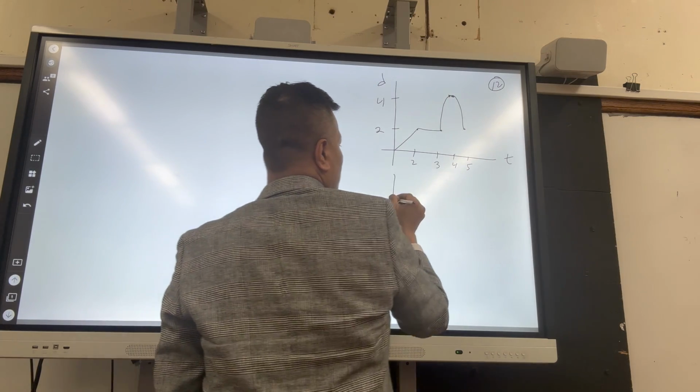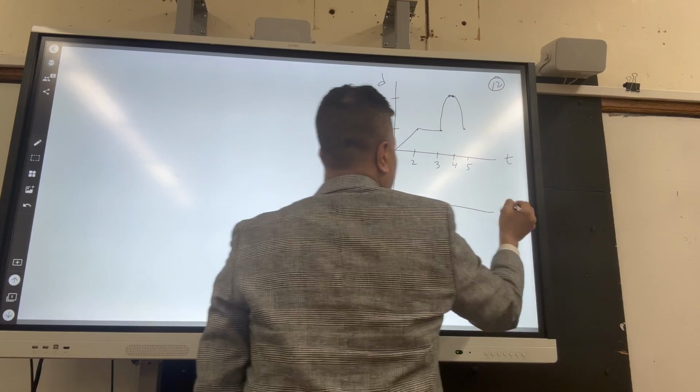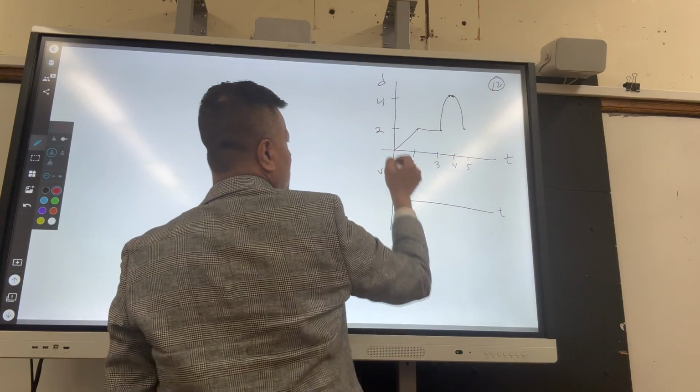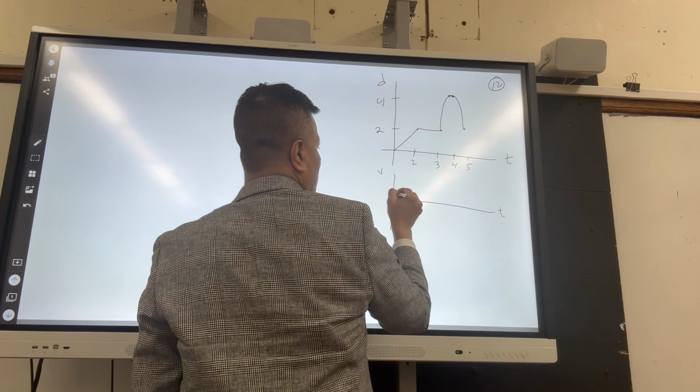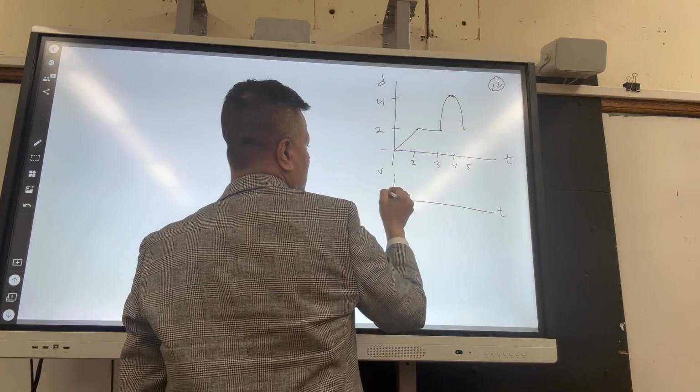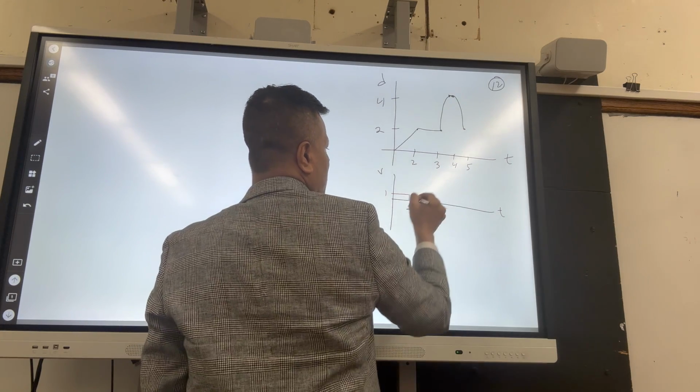Now, if you do a v-t graph, what are you going to get? Velocity for the first 2 seconds is 2 over 2, which is 1. So your velocity is 1. Next 1 second your velocity is 0.